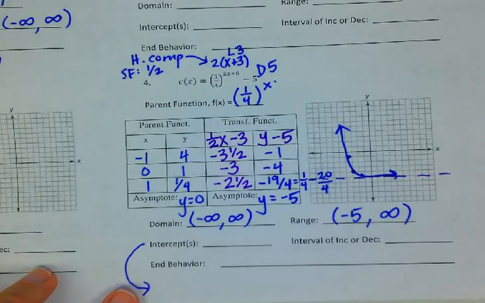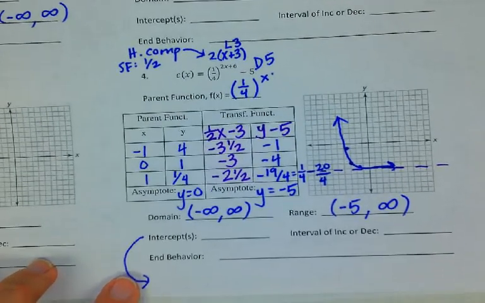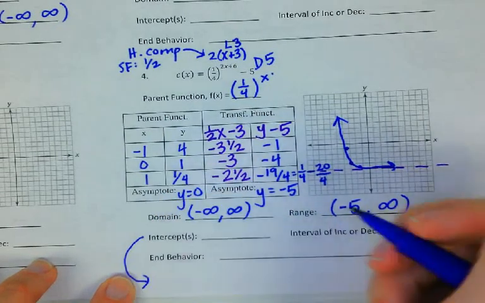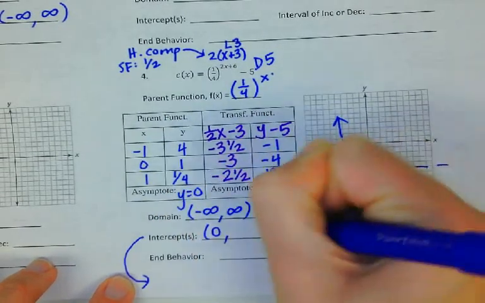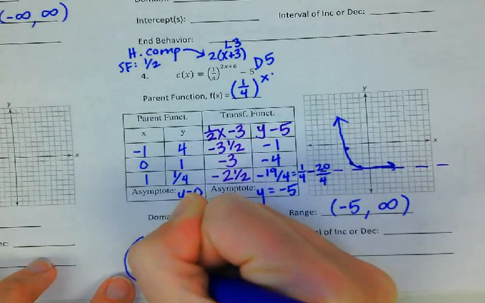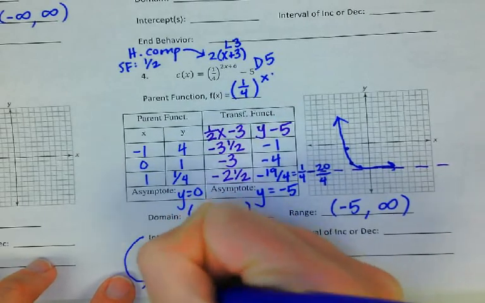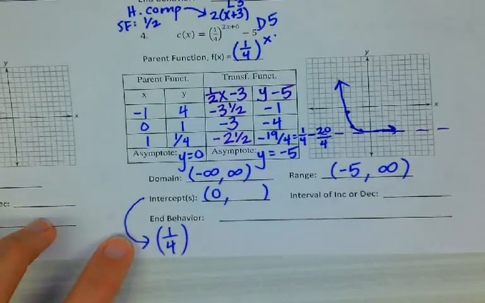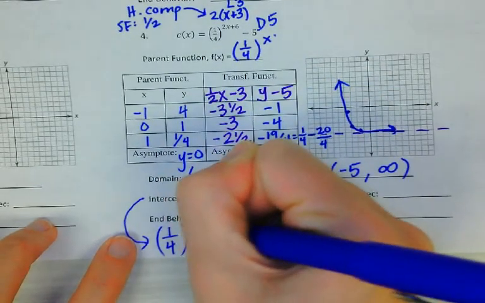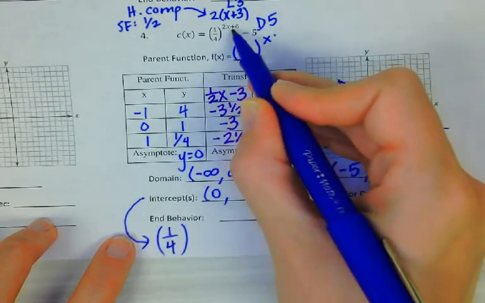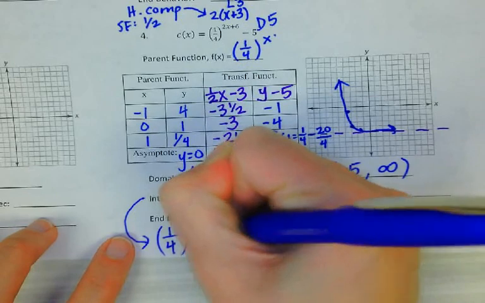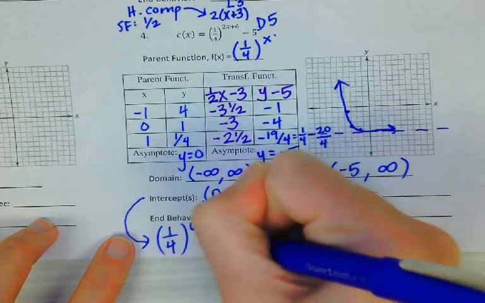And y'all, most of the time I'm not going to ask you to find the intercept if it takes a lot of work. But we could plug in a 0 for x. And we're going to get what? Let's see. 1/4 to the 2 times 0 plus 6 power, to the 6th power, minus 5.